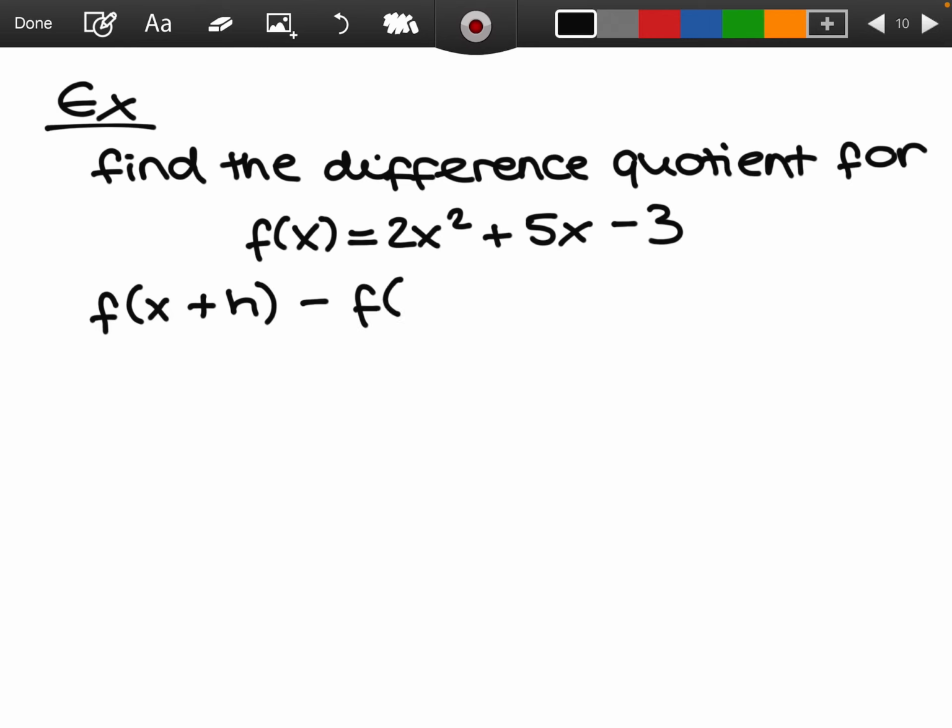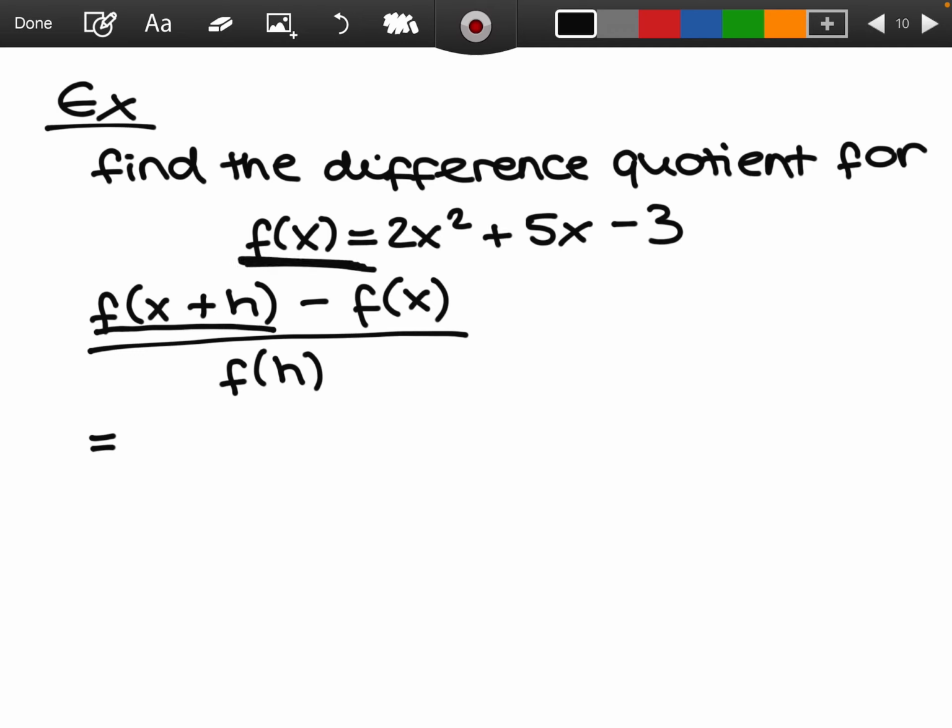Okay. So remember, our difference quotient is defined as this. So whenever you do this, just work it step by step. First thing I want to look at is f of x plus h. What that means is, if we look at our function here, we've got a function of x.